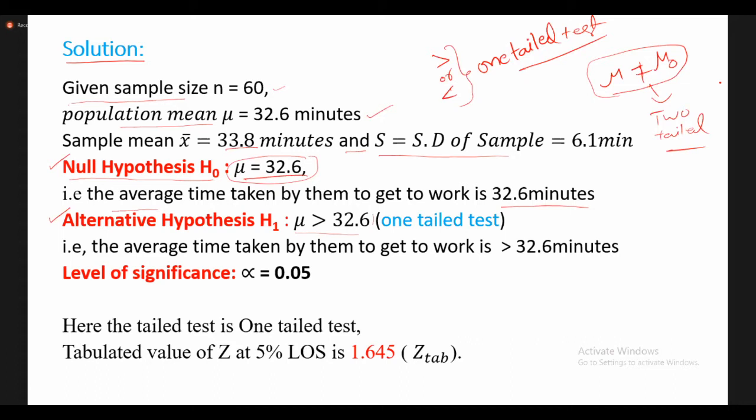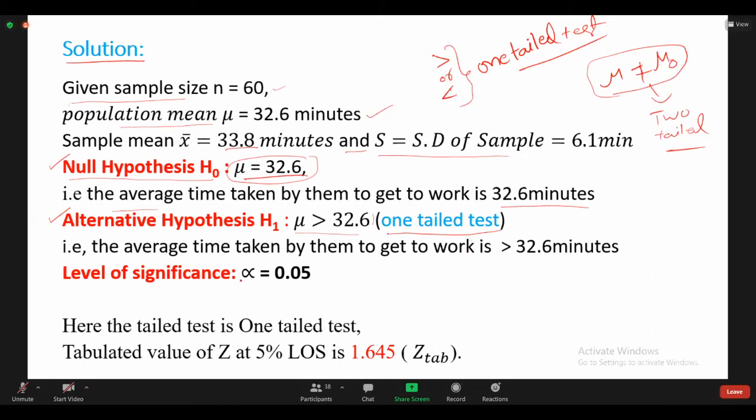H1, the alternative hypothesis, is mu greater than 32.6. The greater than symbol is there, so the tailed test is a one-tailed test.